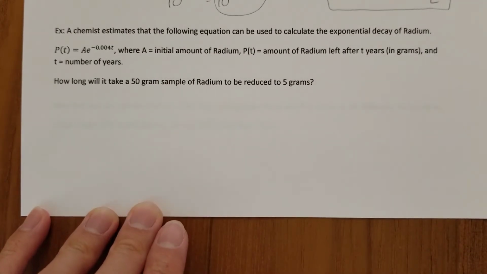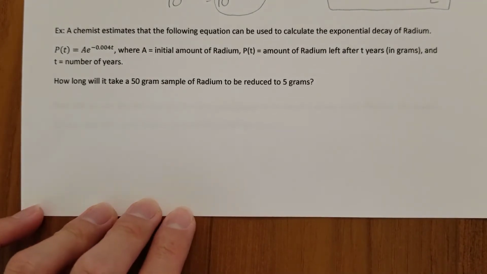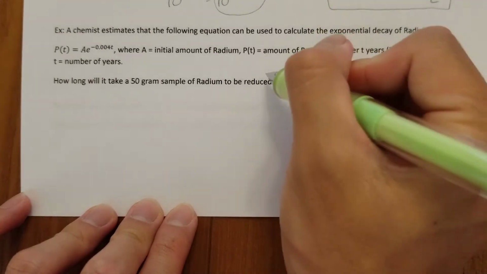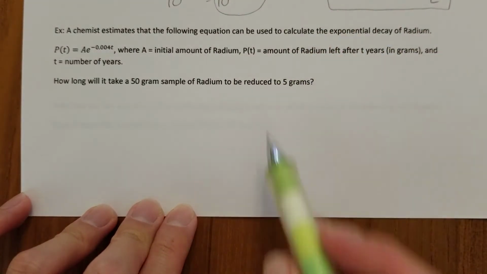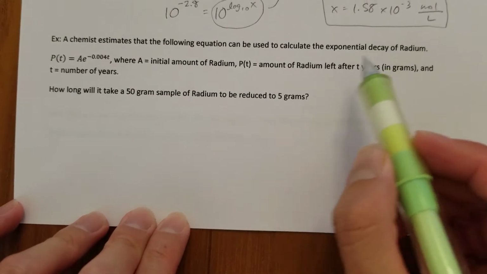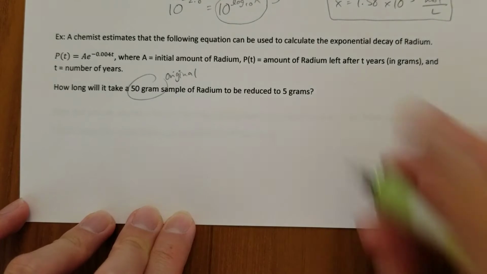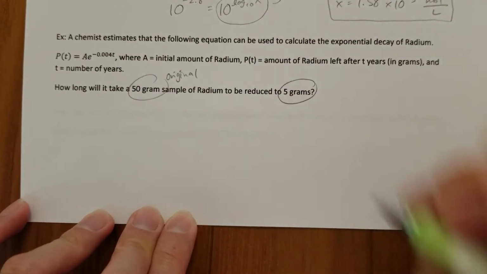How long will it take a 50-gram sample of radium to be reduced to 5 grams? Because it's being reduced, this means it's exponentially decaying. This is what we started with, and this is what we end with.